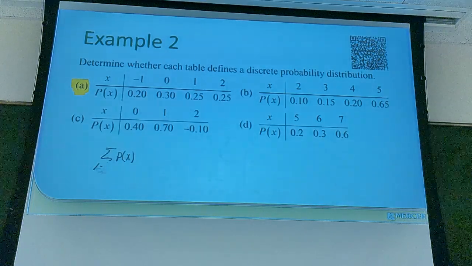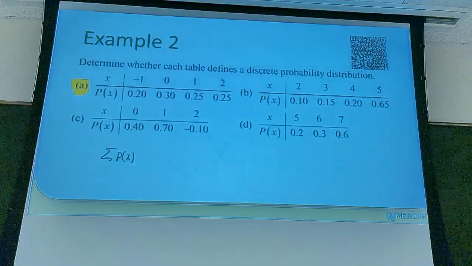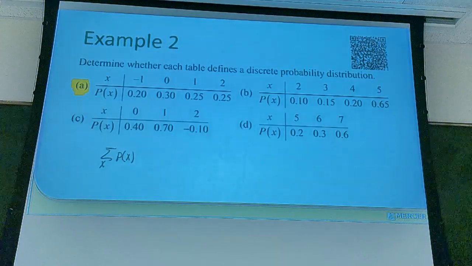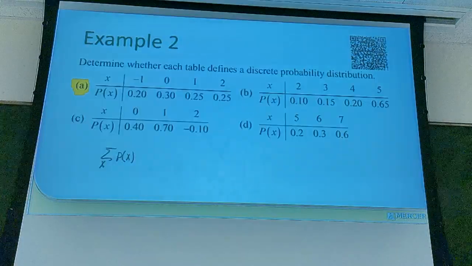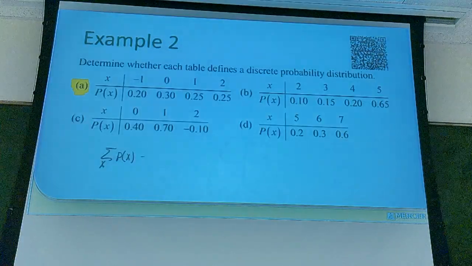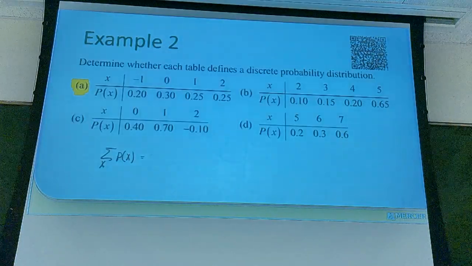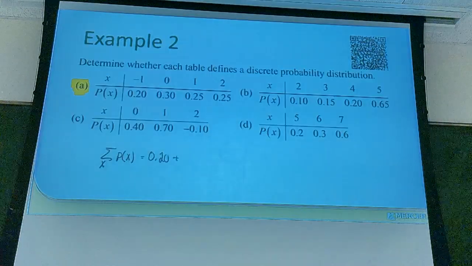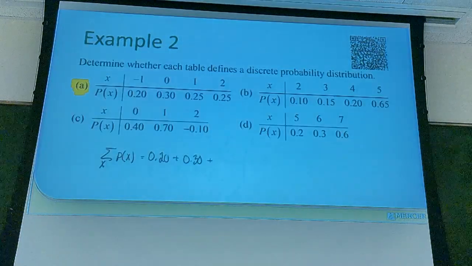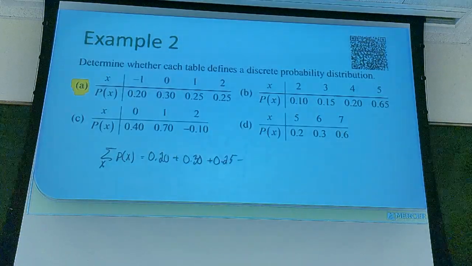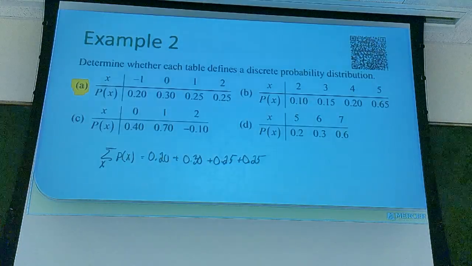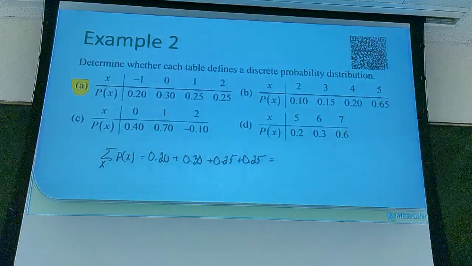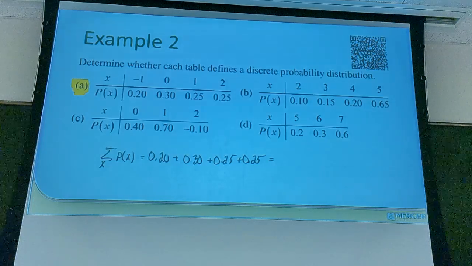Or, more simply, sum over little x. What do they sum up to?